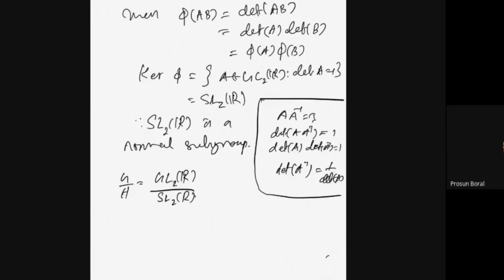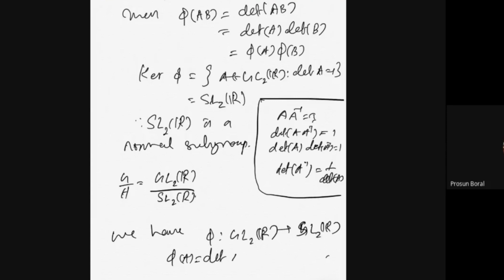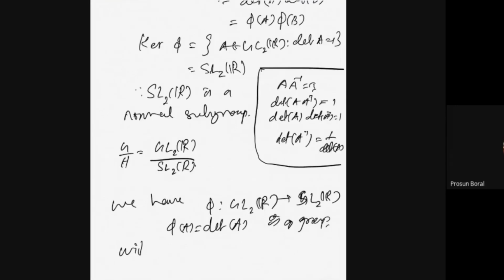So we have phi from GL2R to R minus 0. Phi of A is equal to determinant of A. It's a group homomorphism with the kernel SL2R. Sorry, the homomorphism is to R minus 0.